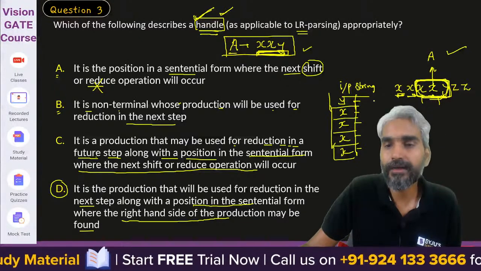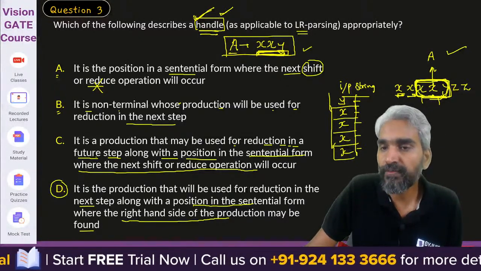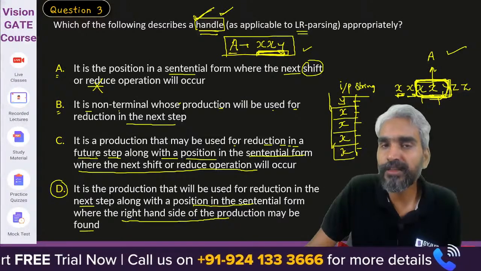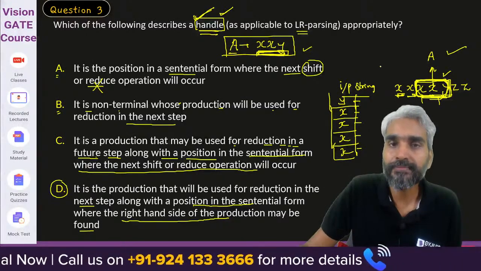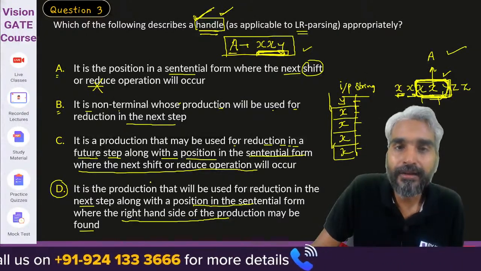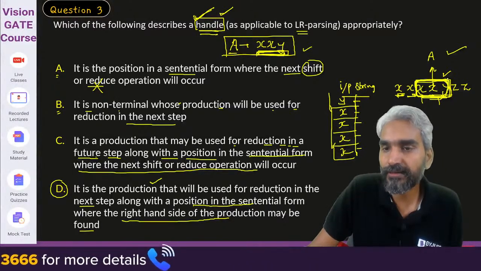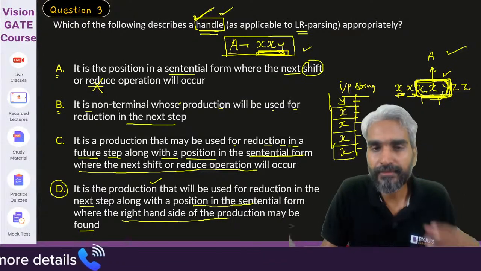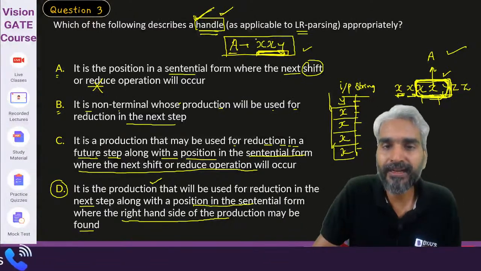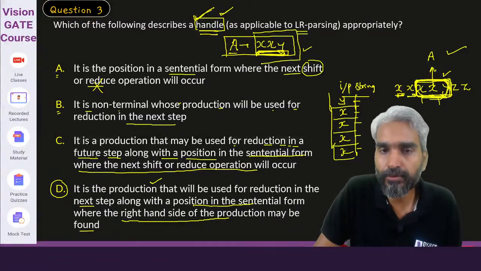So at whichever position you find the right hand side part of the production at that particular step, you will eventually reduce in the next step, and that portion which is matching with the complete right hand side part of the production is known as handle.